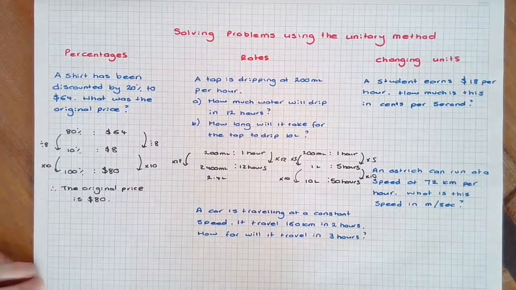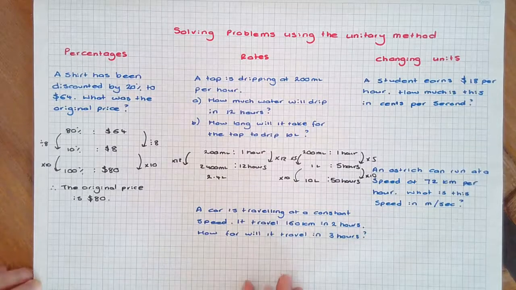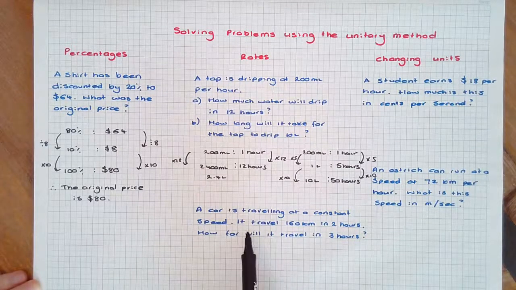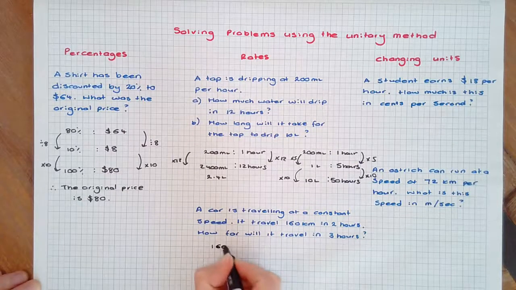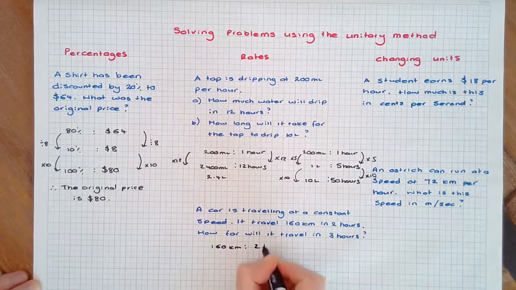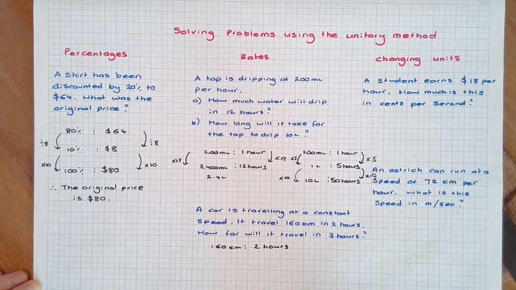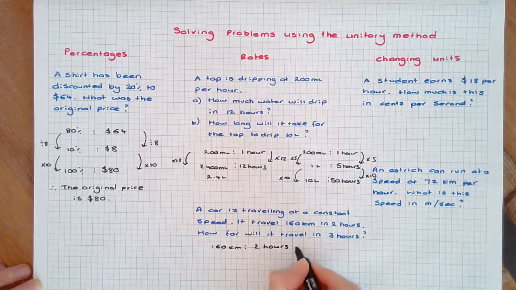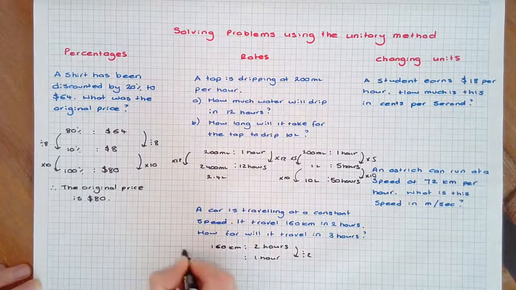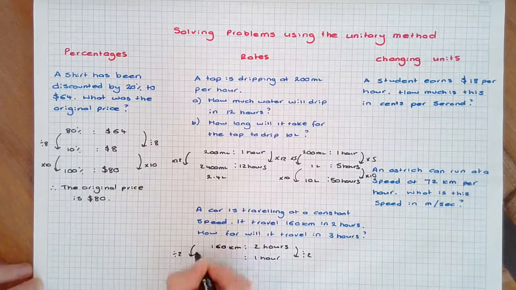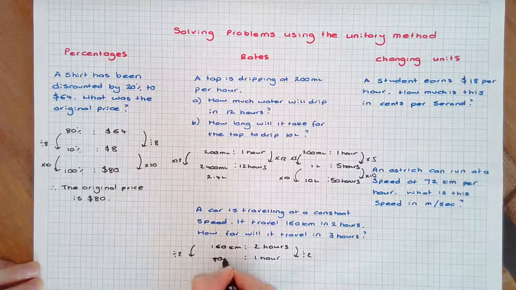Let's do another example. A car is travelling at a constant speed of 160 kilometres in 2 hours. How far will it travel in 3 hours? Let's take it down to 1 hour. 2 hours divided by 2 will give us the 1 hour. 160 kilometres divided by 2 is 80 kilometres.